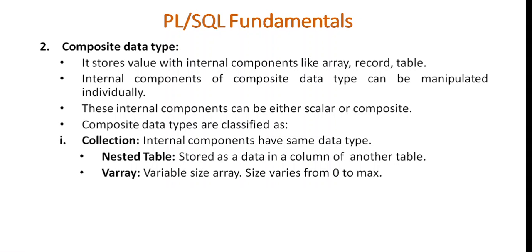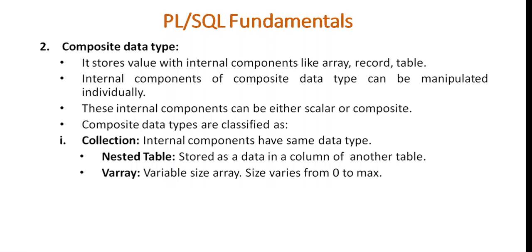Then next composite data type under collection category is VArray, that is variable size array. Here we don't declare a fixed size at compile time. So the size of that array varies from 0 to maximum size. Okay, so means there is no fixed size, that's why it is called as variable size array, that is VArray.